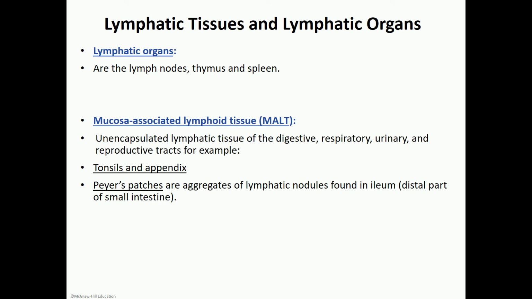You'll find the tonsils, for example, all the way in the back of the oral cavity, and they can collect germs that are trying to get in either through the digestive system or the respiratory system. The appendix and Peyer's patches are found within the digestive system, so again, they try to trap different pathogens trying to get into our body through food.